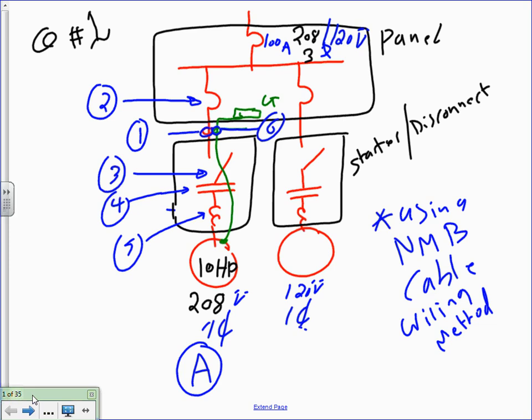Okay, so question number 1, and by the way, the number is related to A. So question number 1 will be A in your test. Okay, can you guys put 1 on it? This is an A. I have a panel feeding 2 motors. Don't care about motor 2, I'm only concerned about motor 1. It's a 10 horsepower, running at 208, and the voltage system is 208, 3 phase.